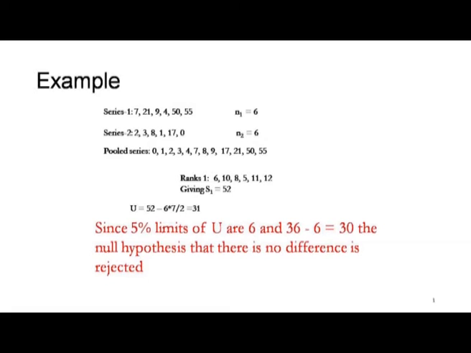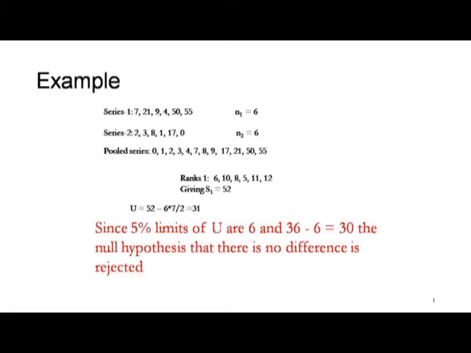In this case, the ranks of values of series 1 are 6, 10, 8, 5, 11 and 12. The sum of these ranks is 52, and therefore U, which is defined as the sum minus n into n plus 1 by 2, is 52 minus 6 into 7 divided by 2, equal to 31.